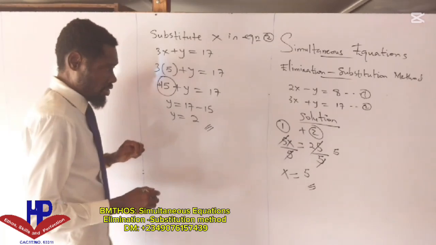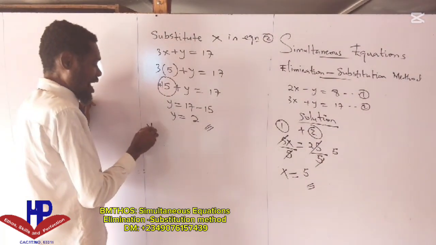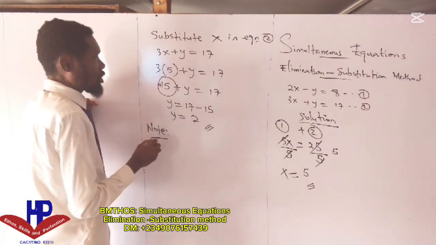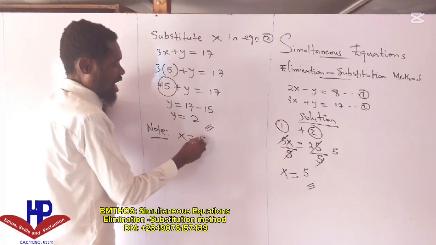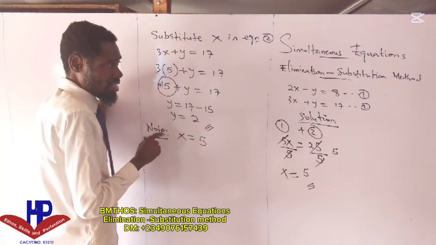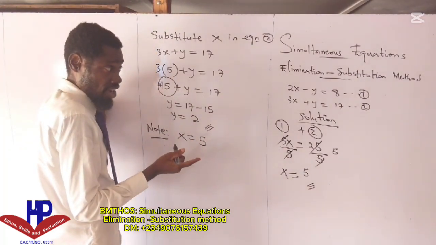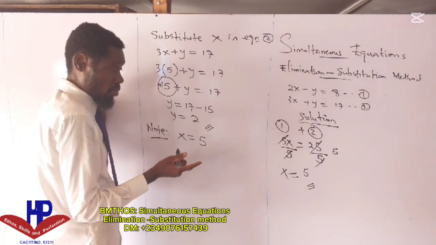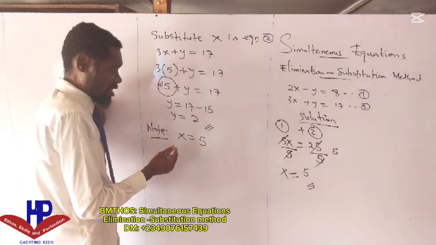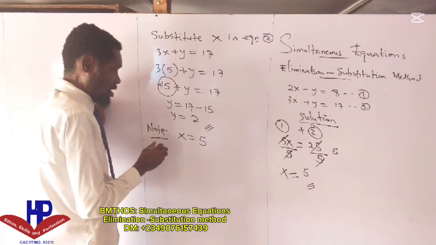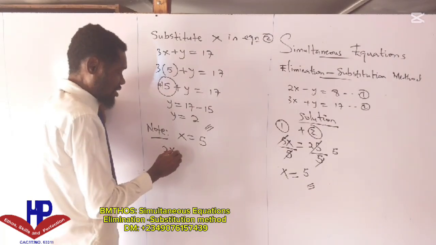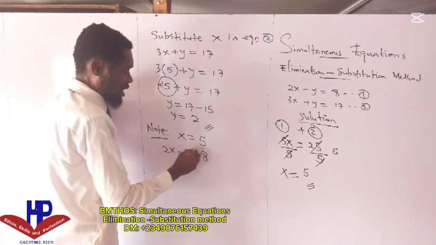But take note, do you also know that you could substitute x is equal to 5 in equation 1 and still get the same result? You may not know. That is the truth about it. So let us see if it works. Equation 1 is 2x minus y is equal to 8.